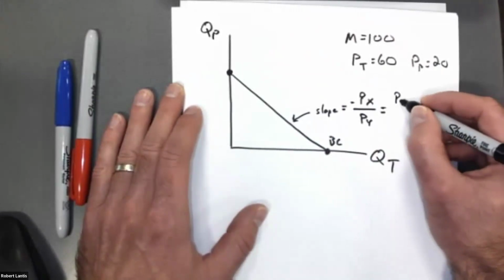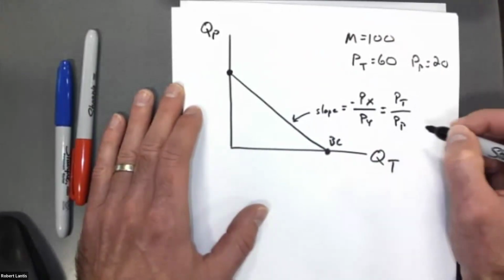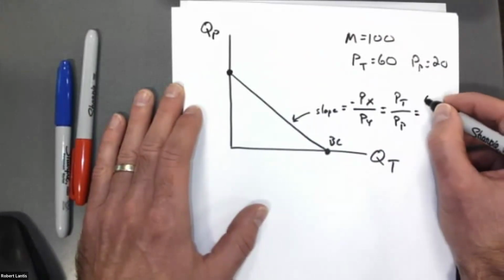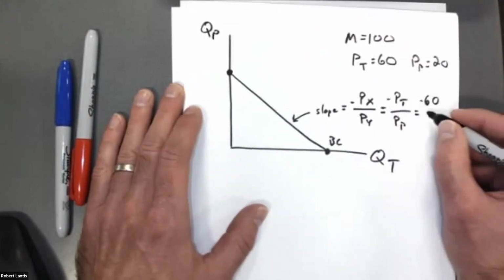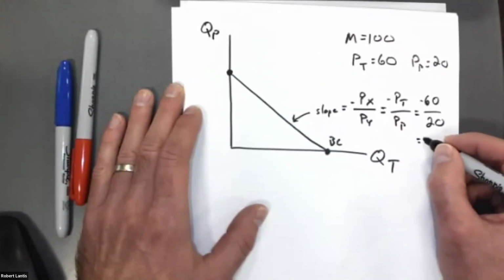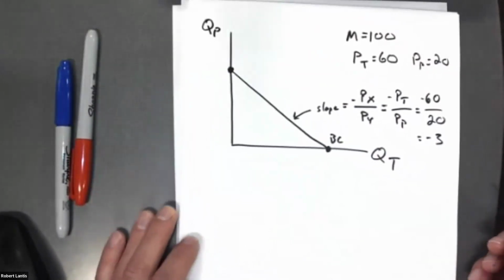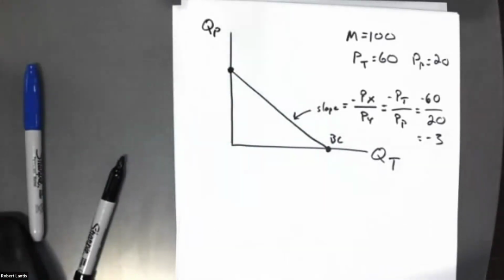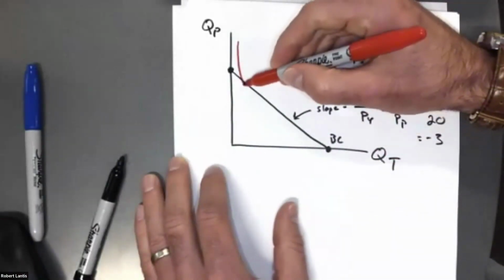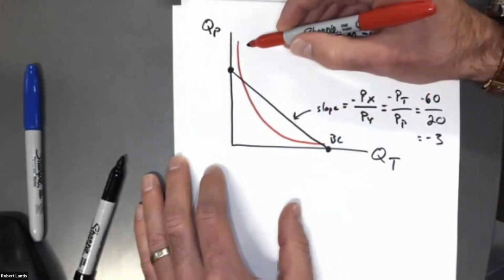So my X good here was textbooks, my Y good was pizza. So I know that my slope should be -3.